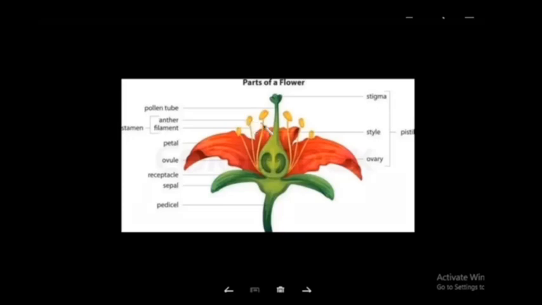This small yellow part here is the anther, and it is found on the filament here, and so they make up the stamen. This orange red part here is the petal, and that is how the particular organism looks.